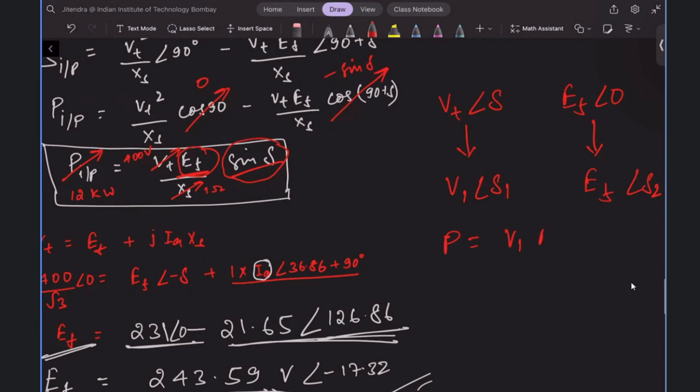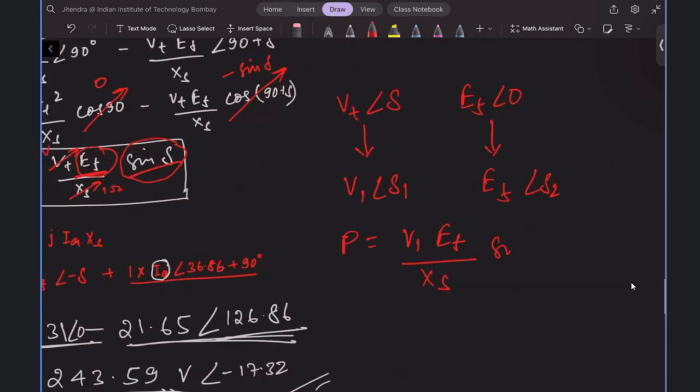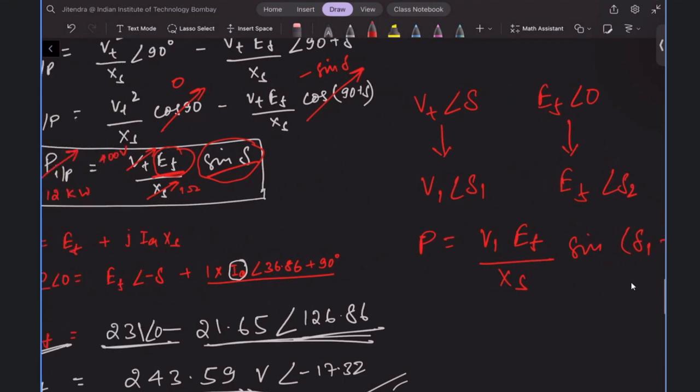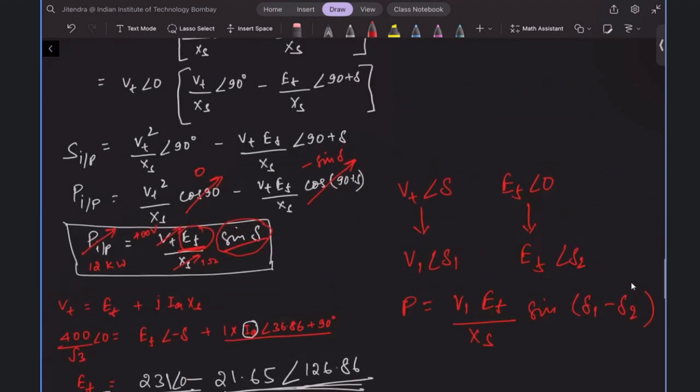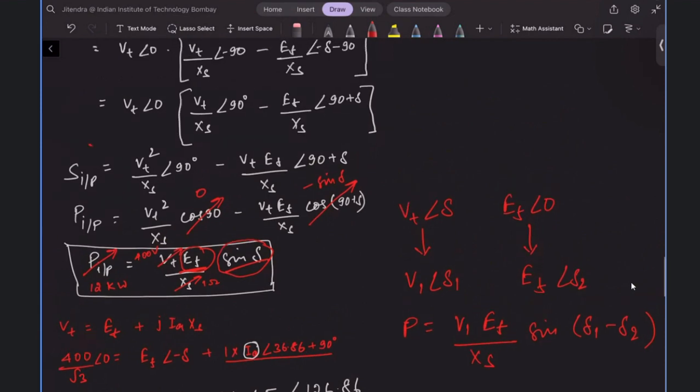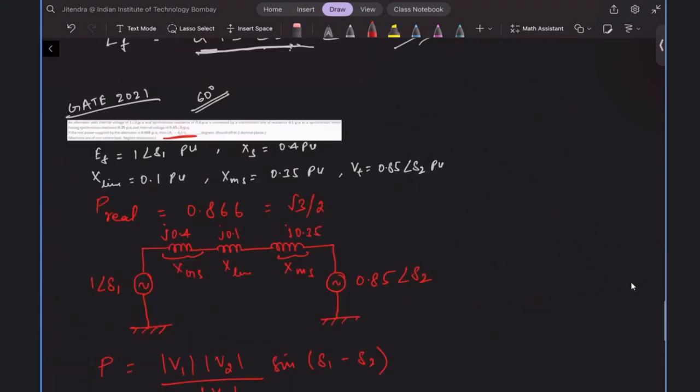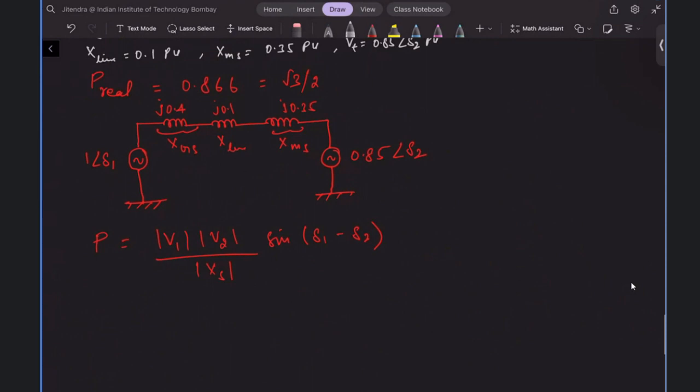V1 EF by Xs sine of delta 1 minus delta 2. Or after the lecture, you can go back and derive it from the apparent power expression for this particular circuit. Here we are asked about the real power supplied, meaning input power.